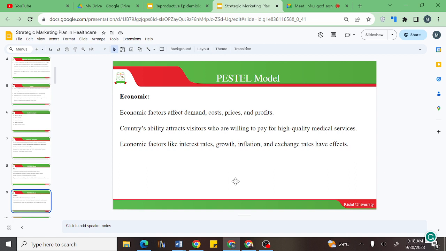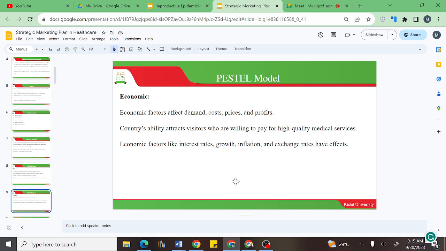Then we have the economic situation. This relates to many things. One, foreign exchange. Two, forex rate. Okay, which is basically foreign exchange or the forex rate. These are the same things. But also very important is the inflation.